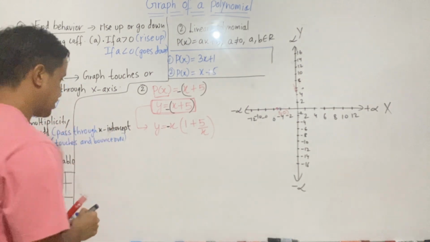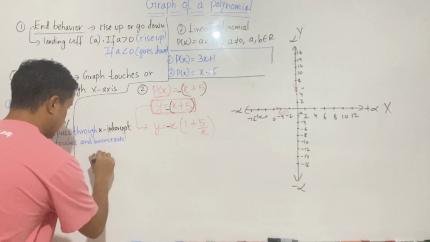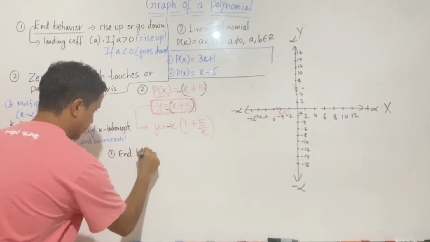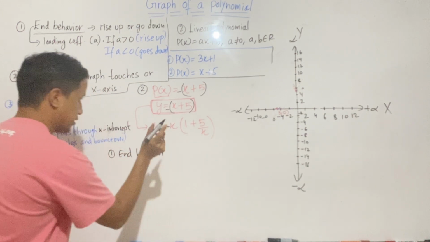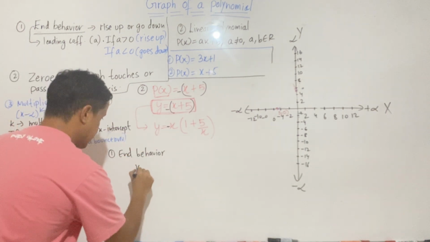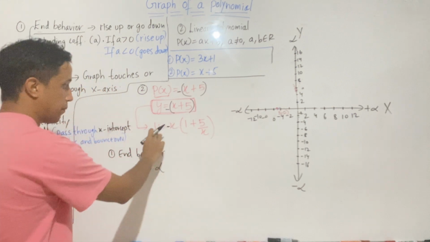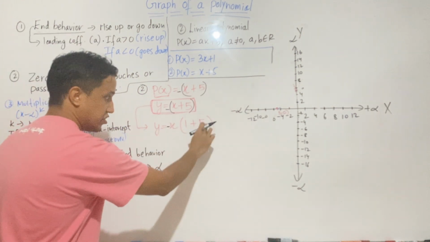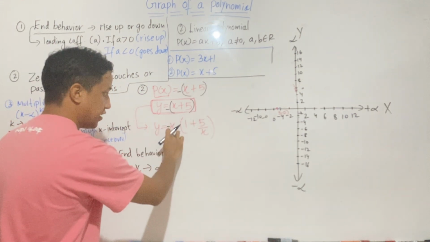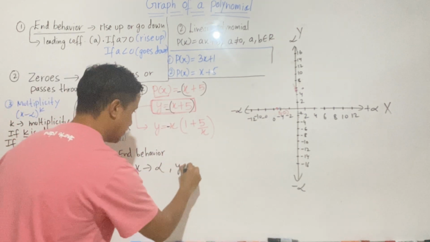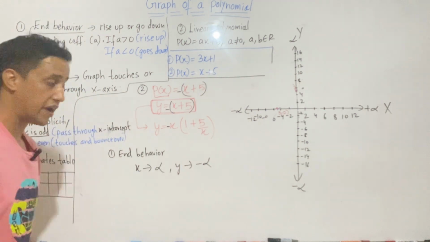Now see here, step number one, end behavior. Okay, end behavior, x infinity. If x is infinity, then what will happen? This is 0, and infinity multiplied by minus 1, so y will be minus infinity, right?